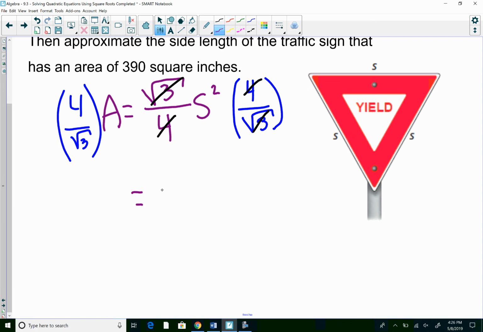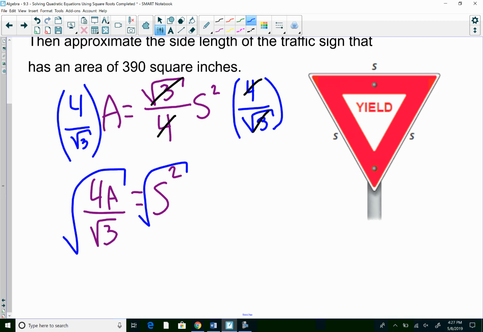So this is going to turn into S squared over here, and then we've got 4A over root 3. And this is going to be kind of weird, you guys, because the next step, in order to get S all by itself, is you have to take the square root again.